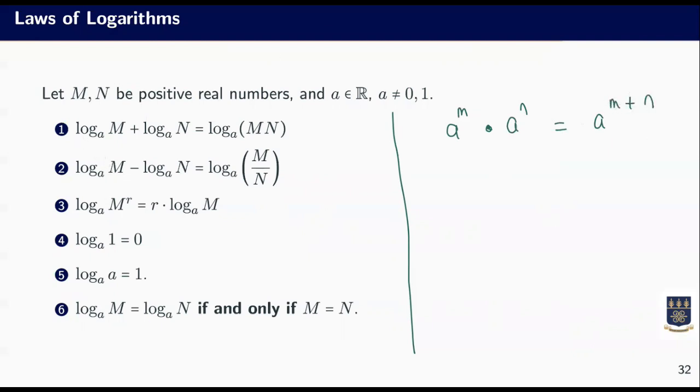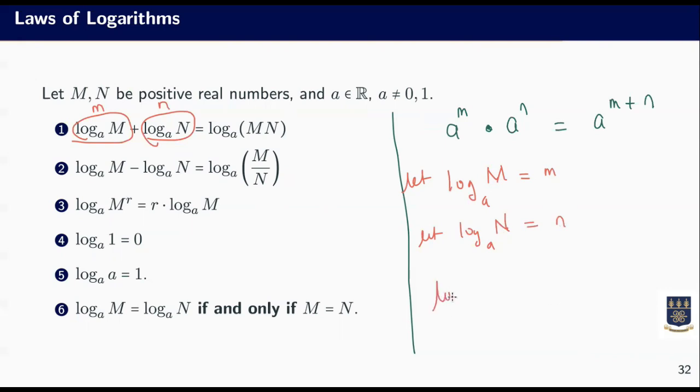So you notice that this here is my m, this here is my n. Same idea. Assume that my log to the base a of capital M is small m. So let this be true, and let log to the base a of capital N be small n.